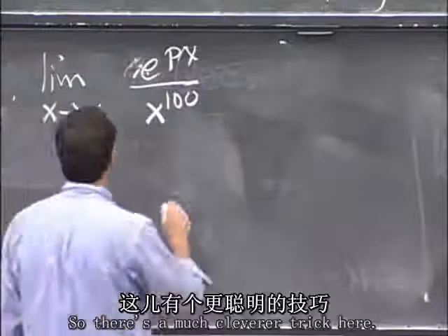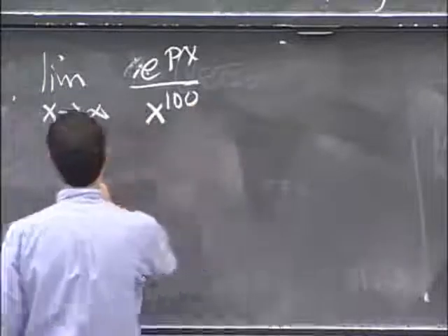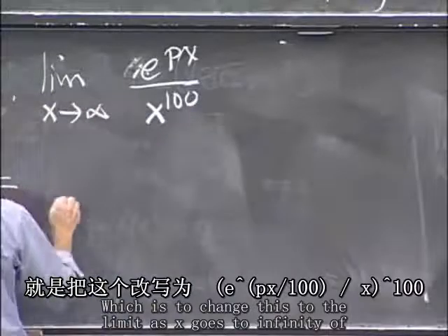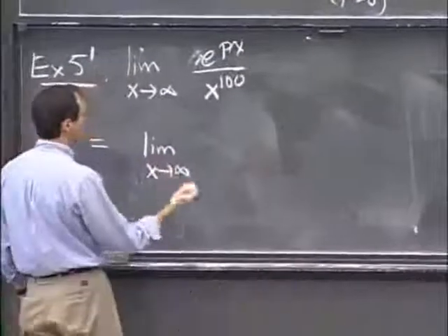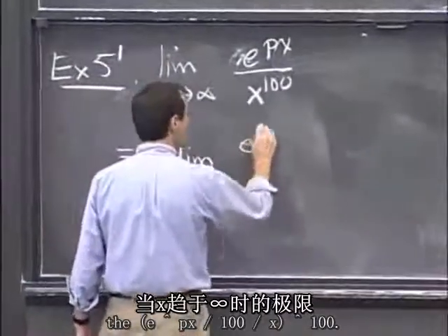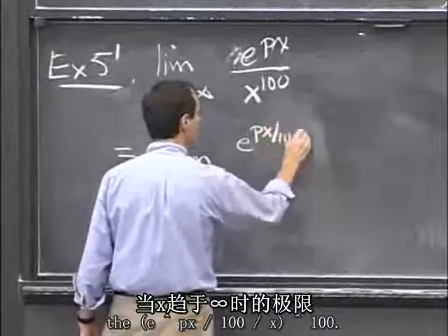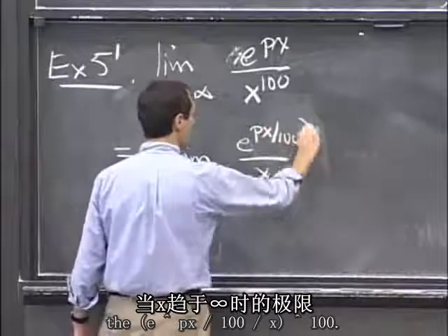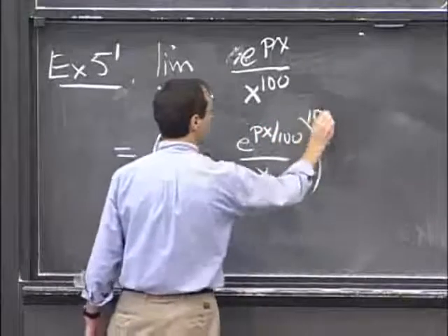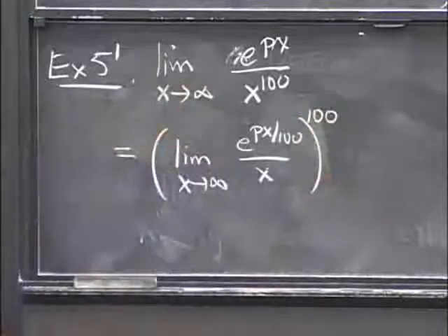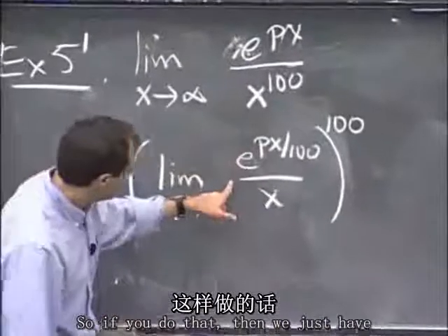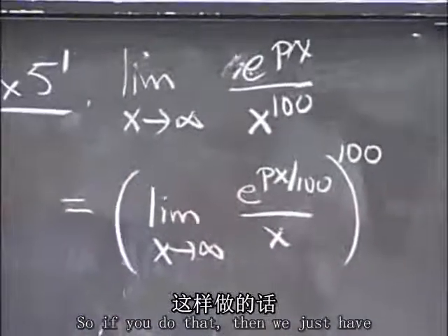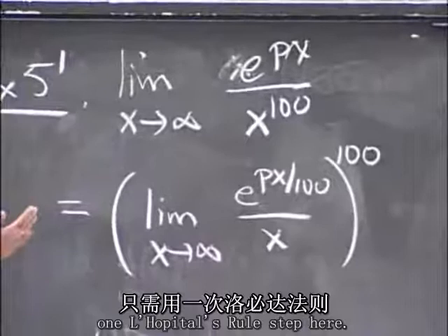So there's a much cleverer trick here, which is to change this to the limit as x goes to infinity of the e to the power px divided by 100 over x to the 100th power. All right? So if you do that, then we just have one L'Hopital rule step here.